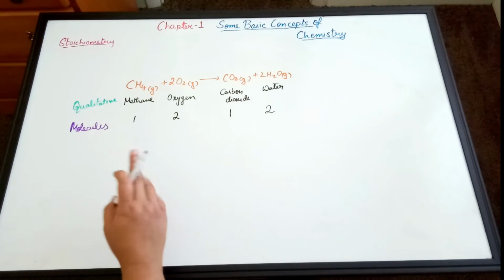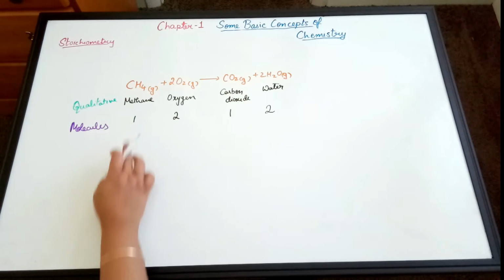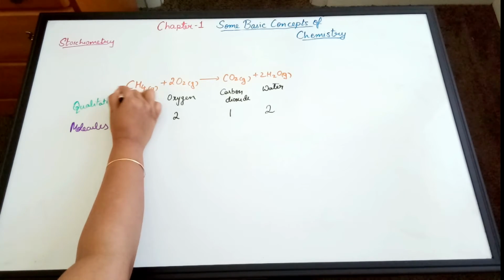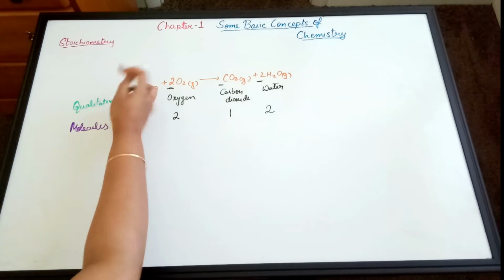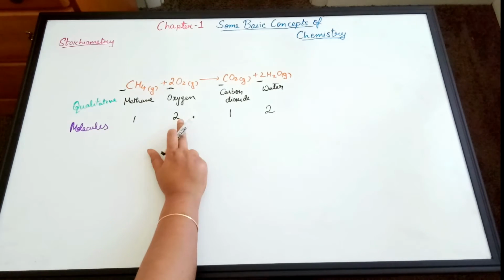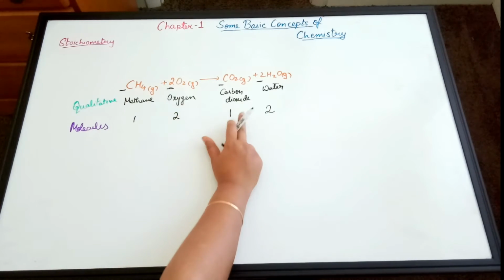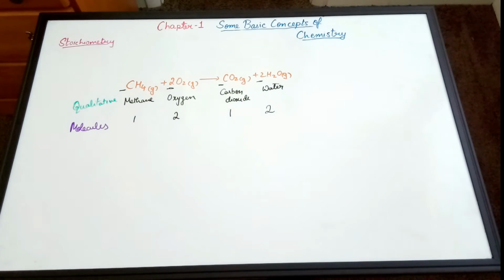You just need to write whatever is written over here. On the left side, if there's nothing, it means there's one.